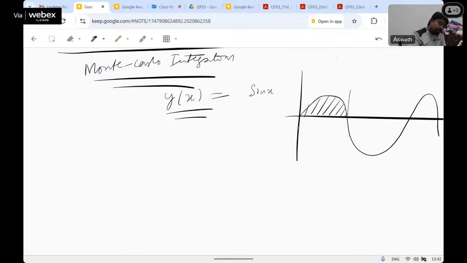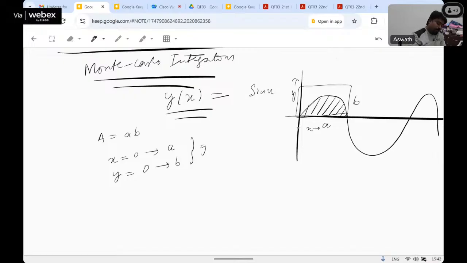Now if I want to find the area under this first half, what you can do is just enclose this in a box. Let's say the area of the box is A into B. Between, let's say this is X and this is Y, between X from 0 to A and Y from 0 to B, you get random points.